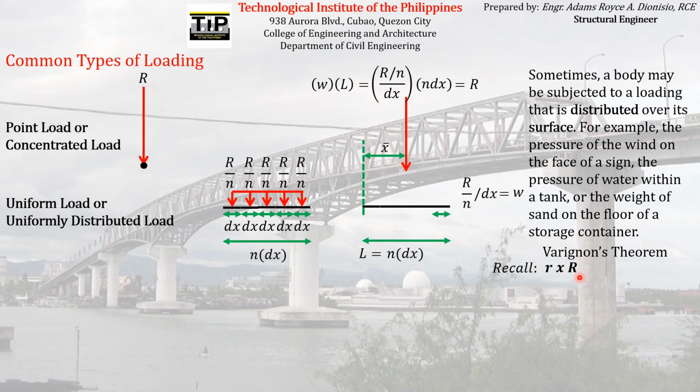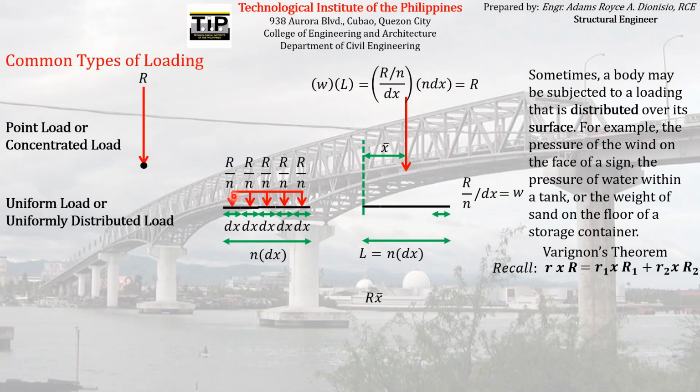So, sabi ni Varignon, if sinasabi natin na ito ay resultant nitong several forces na to, therefore, dapat yung moment nito with respect to this certain point, which is this, force times distance, dapat equal lang sa summation ng mga moment nitong mga component nitong resultant.